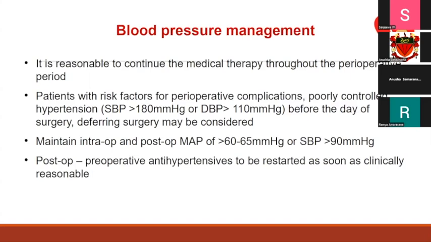And they advise the importance of maintaining intraoperative and postoperative systolic blood pressure of more than 90, and a mean arterial pressure of 60 to 65. Having said that, some patients, especially patients with cardiovascular conditions as well as CKD, are very used to high blood pressures.